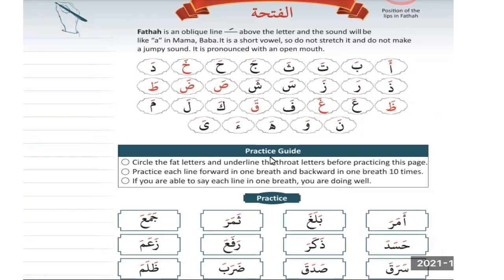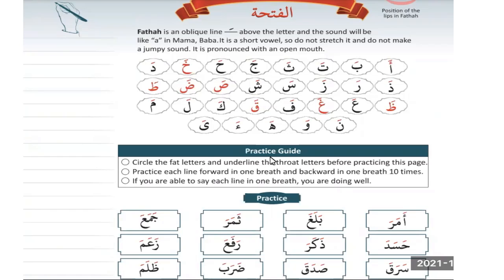But if it comes with another sign, maybe I'll teach you inshallah later on. So right now, just keep it in your mind, because ra is with fatha on it, ra, fatha, ra. Za, fatha, za. Look at this very buzzing sound. Za, fatha, za. Sin, fatha, sa. Sheen, fatha, sha.